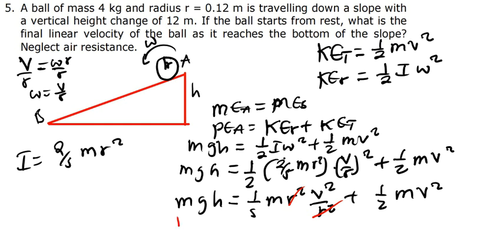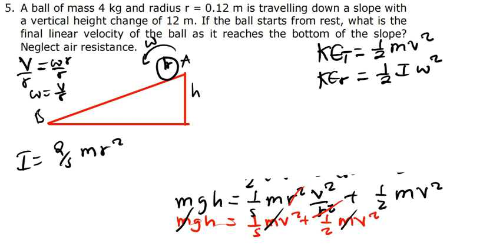So now I have mgh equal to 1/5 mv squared plus half mv squared. I can clearly see that I have got m everywhere, so I can cancel m.